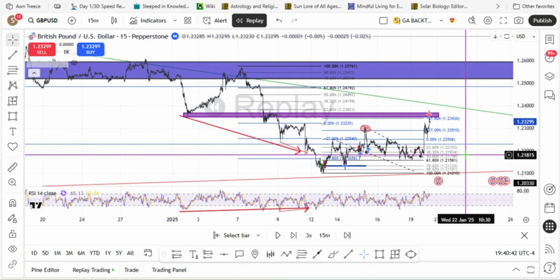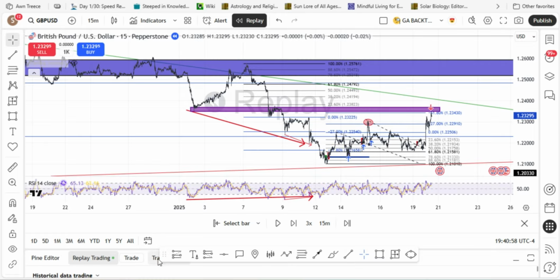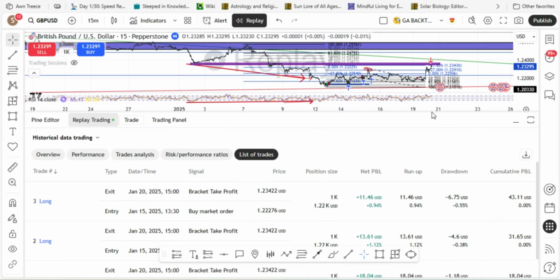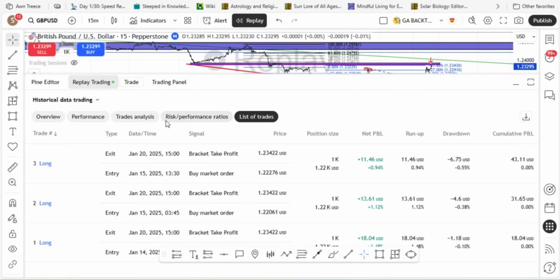I did almost 30 minutes of back testing. And let's see, where's my trade log? Let's see how I did. Okay. List of trades.